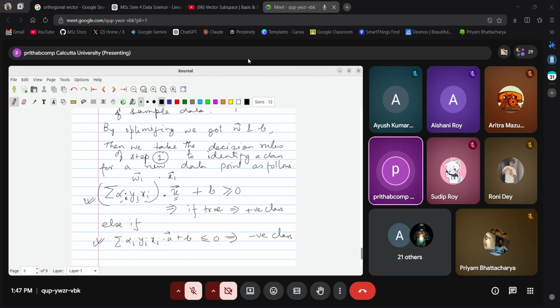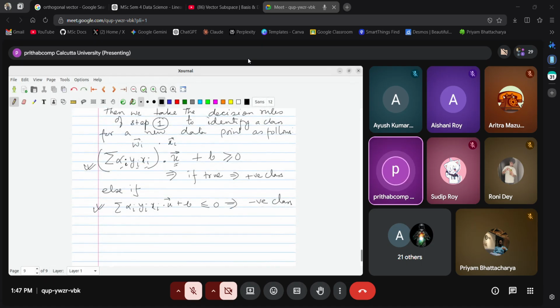So this is about SVM. Obviously, the margin that we are talking about is what we call a hard margin, which clearly describes the decision boundary.